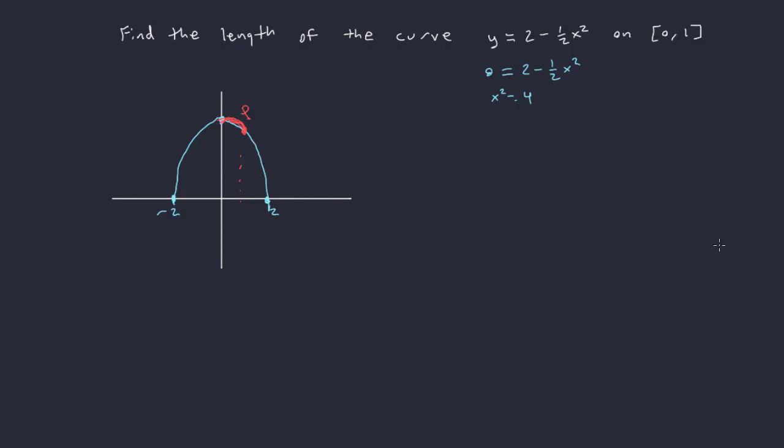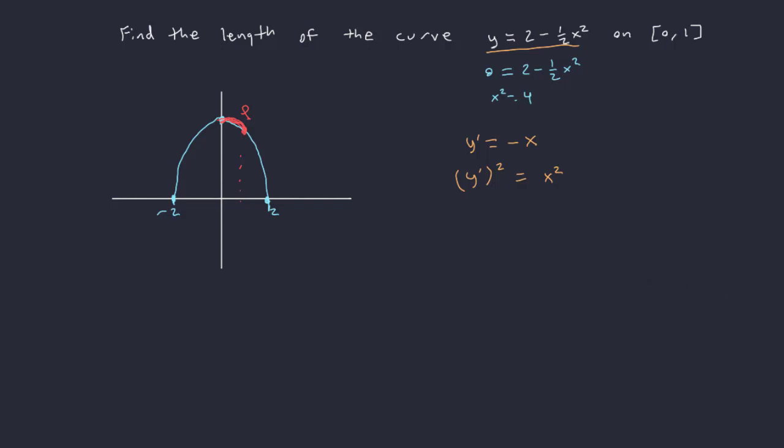Okay, so we'll go ahead and get started with our process. Our y is given, so we'll find y prime, and that's going to be negative x. Then y prime squared is going to be x squared.